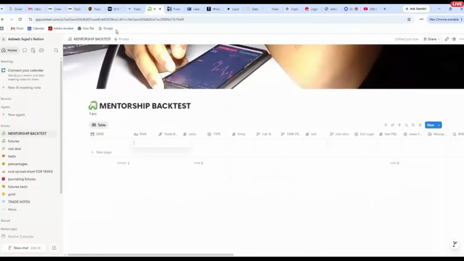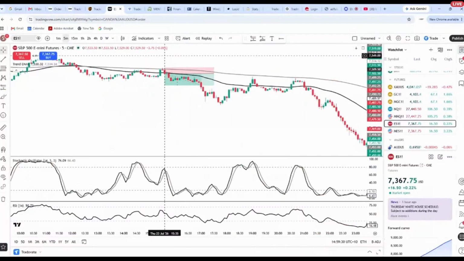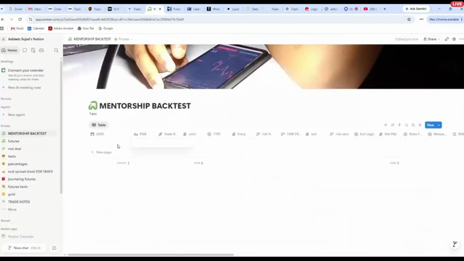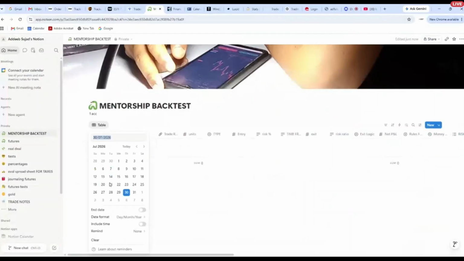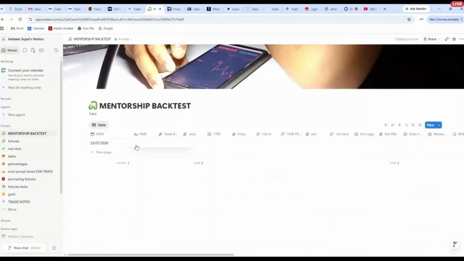So the date of that was Thursday, 23rd, July 26th. So we just go here, it's 23rd. And the pair was ES, so you just go ES1. And the trade report, this is where you put in your image.